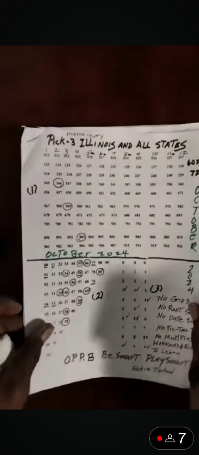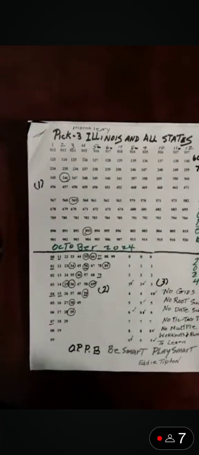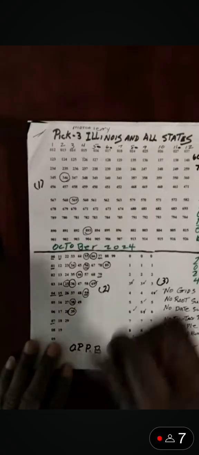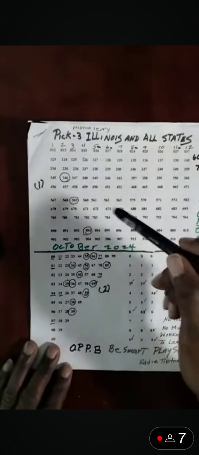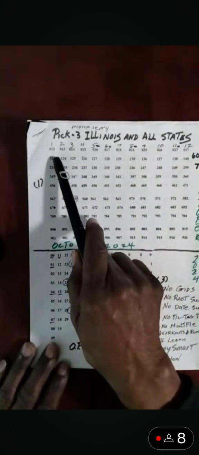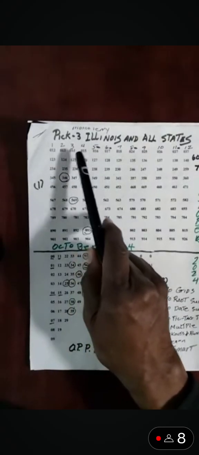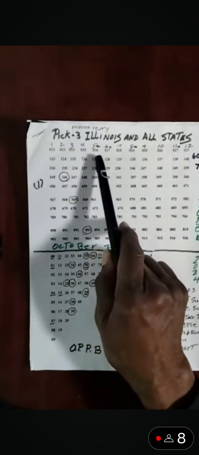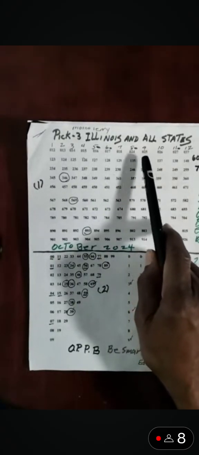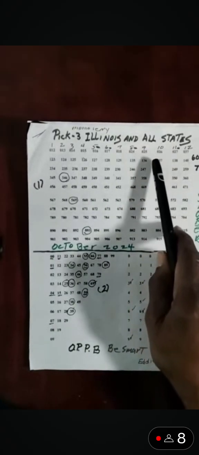Since the 871 is 3 separate numbers, which you know are the singles, it would be under the singles. The base numbers here were 012, 013, 014, 015, 016, 017, 018, 024, 025, 026, 027, and 037.